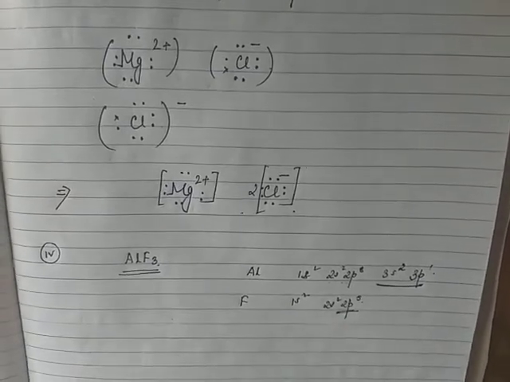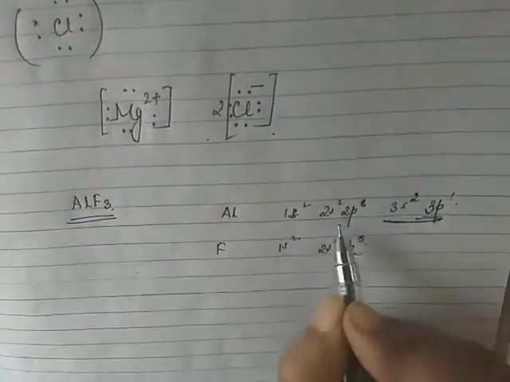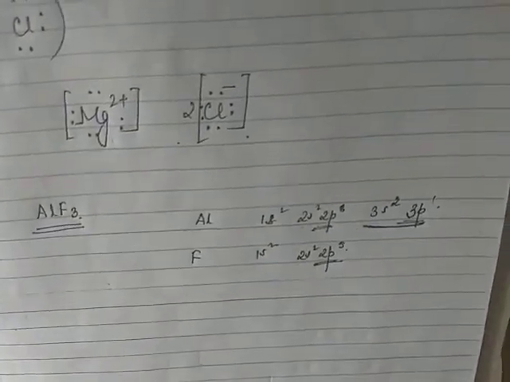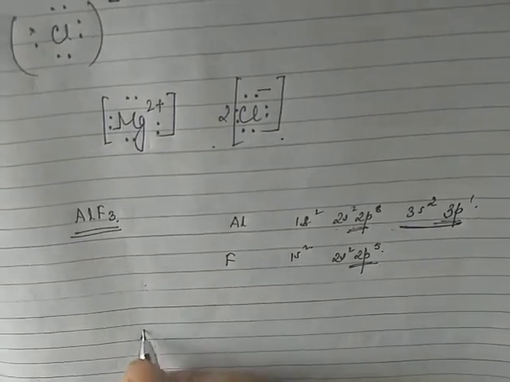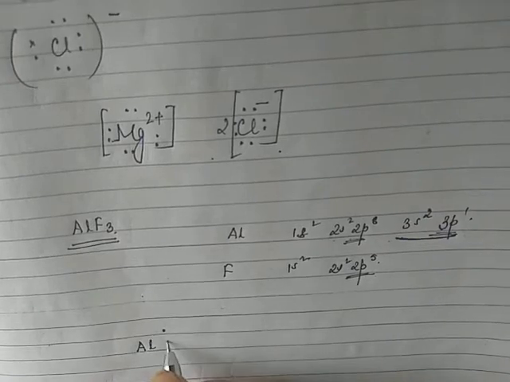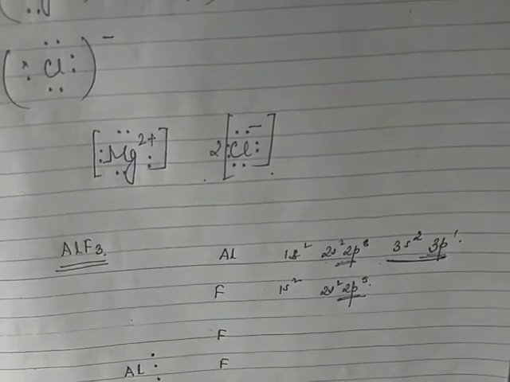That means fluorine needs only 1 electron, but aluminium is able to lose how many electrons? 3 electrons in order to achieve the configuration of neon. Therefore, for every aluminium, these 3 electrons can be taken by 3 fluorine.